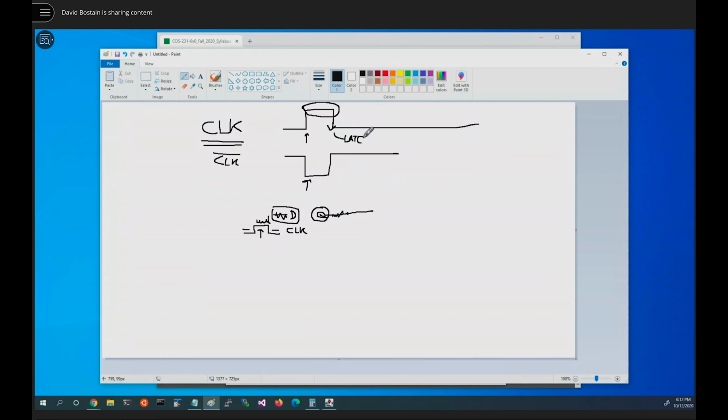And that is truly the low dropping edge of a clock. So the actual latching does occur on an edge. However, the difference between a level clock and an edge clock is the amount of time that it's allowed to stay asserted. A normal edge clock will look like this.